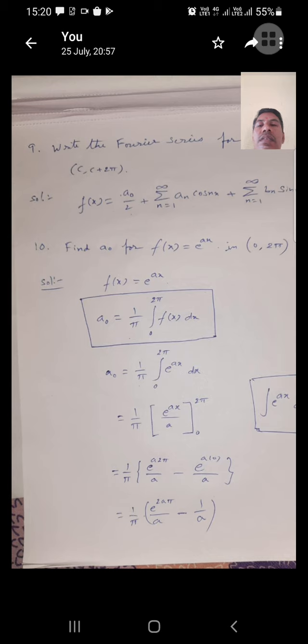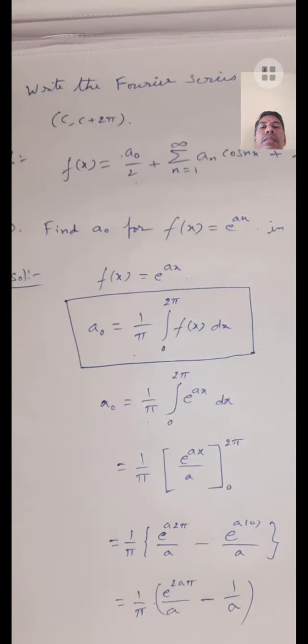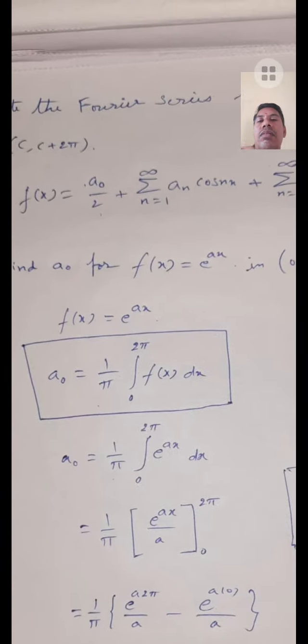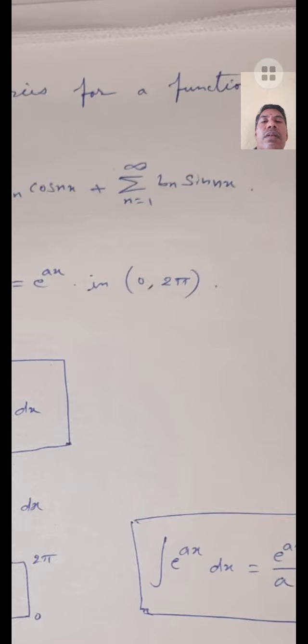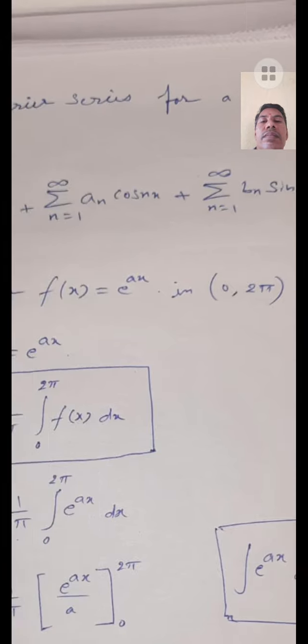Fourier series means, see here, f of x equals a naught by 2 plus sigma n equal to 1 to infinity a n cos nx plus sigma n equal to 1 to infinity b n sin nx.